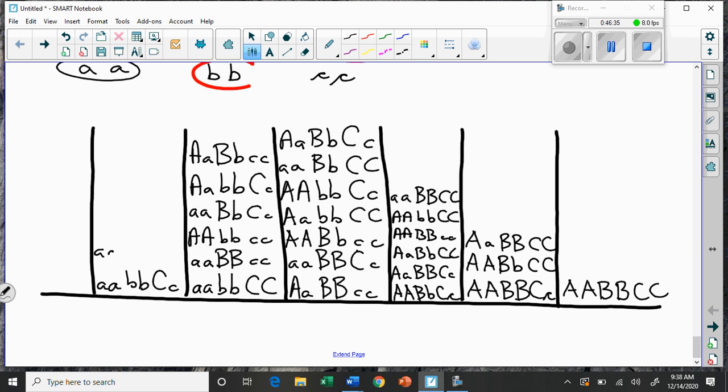A, big B, little b, 2 small c's, and a capital A. Those are the only ways you can get 5 recessive alleles. And then there's only one way to get all 6 recessive alleles, which aren't expressed, remember?